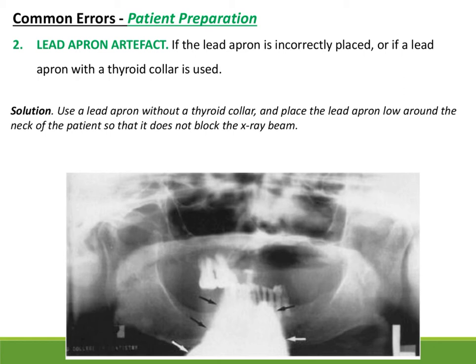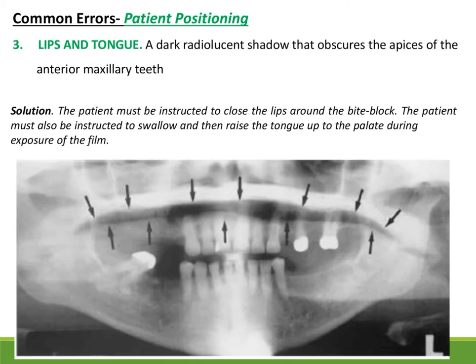Okay, so next is about lips and the tongue. You have to always instruct the patient to touch the tongue towards the palate and swallow. Also, make the teeth in close contact, and ask the patient to exhale the air from the nose during the exposure.